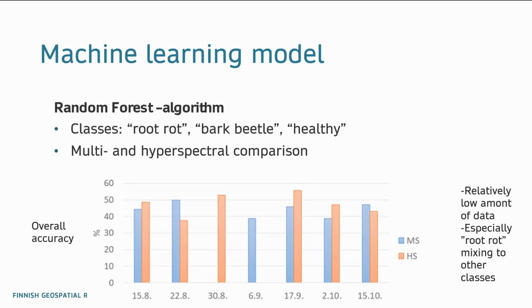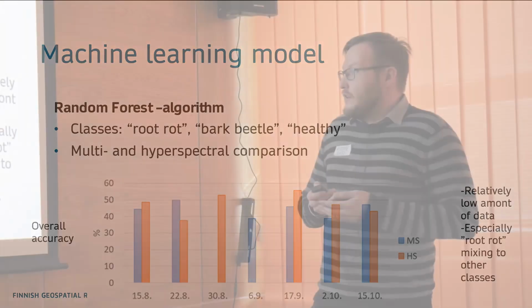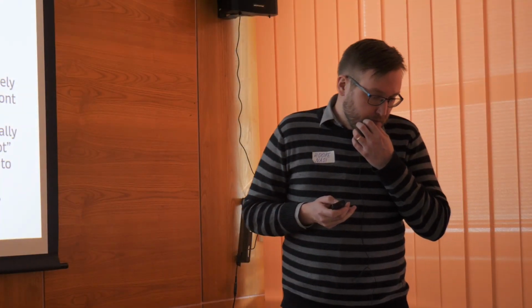And then we also performed the random forest machine learning model. We were trying to classify the bark beetle and healthy trees, and there was also the root rot class, and then we compared the multispectral and hyperspectral camera data, how we could compare them.